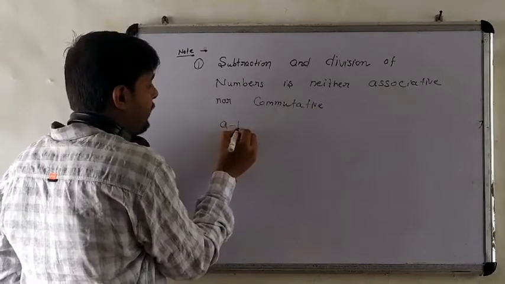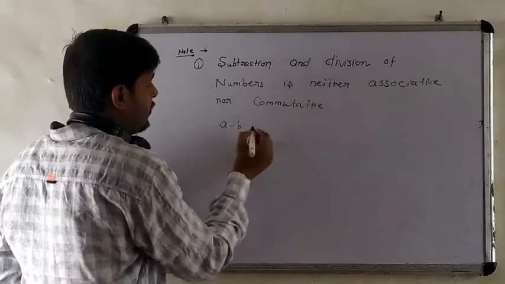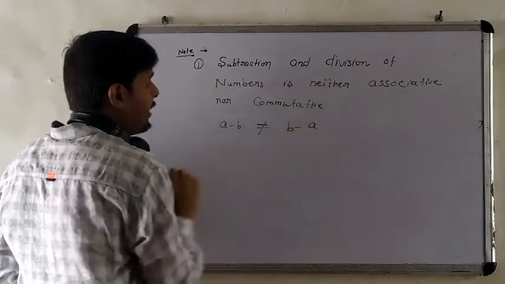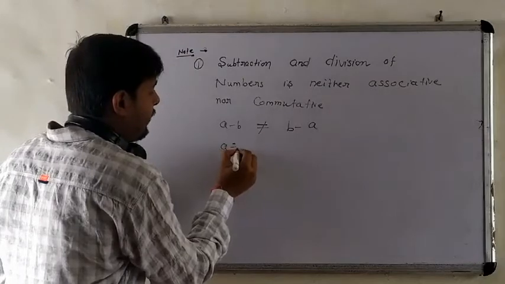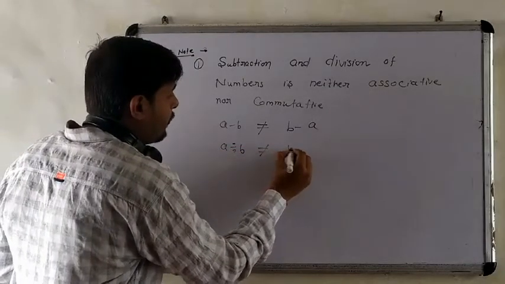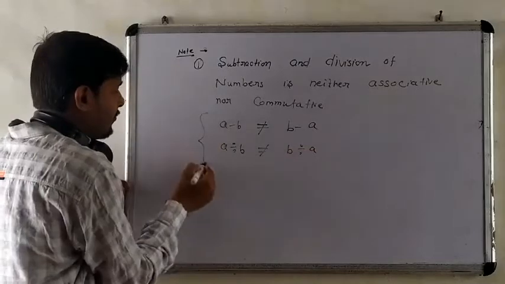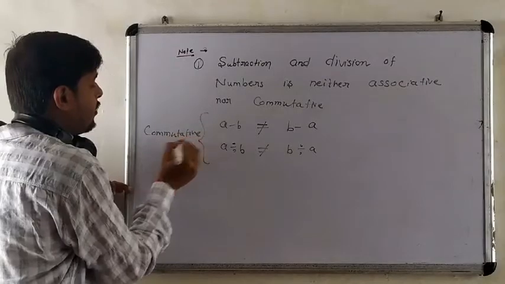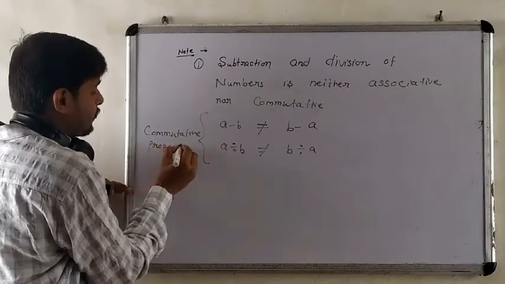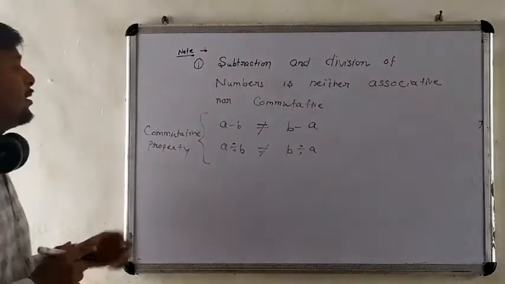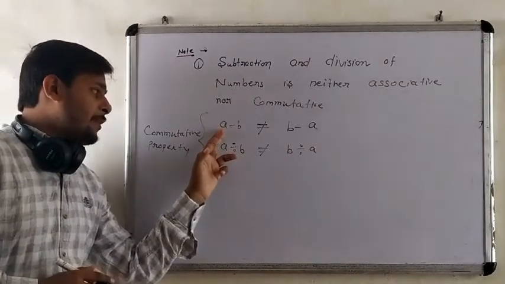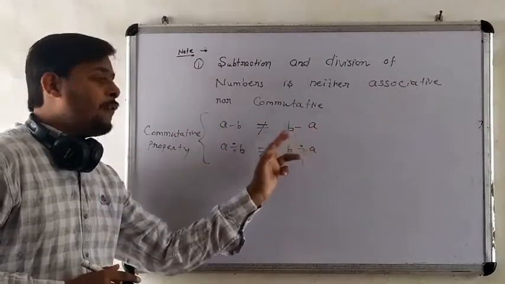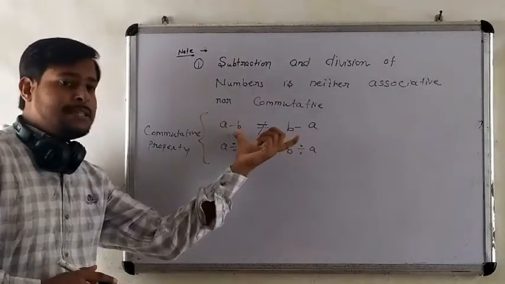Means A minus B is not equal to B minus A, or A divide B does not equal B divide A. Commutative property means if we subtract B from A and A from B, in both cases the result is different.